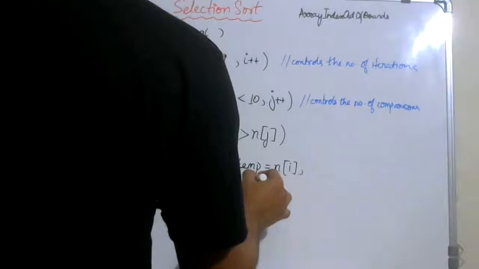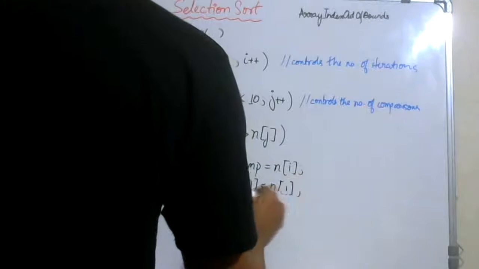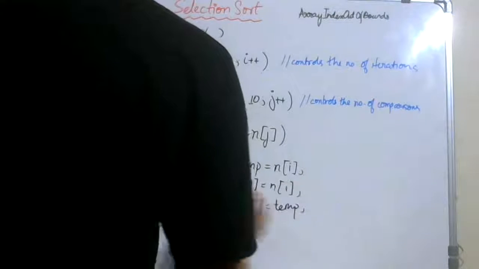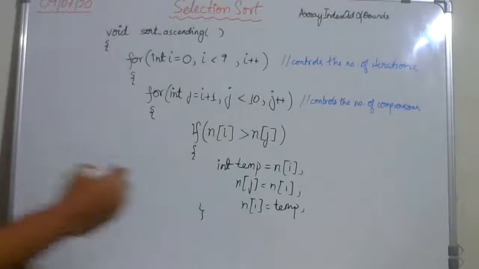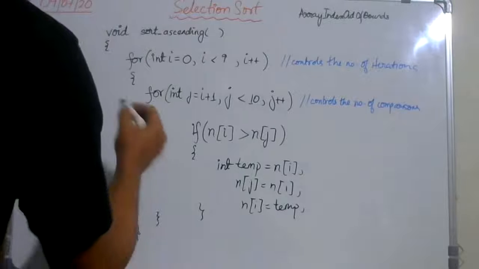So n of j is equal to n of I, and n of I is equal to temp, and that should be the end of these two fors.